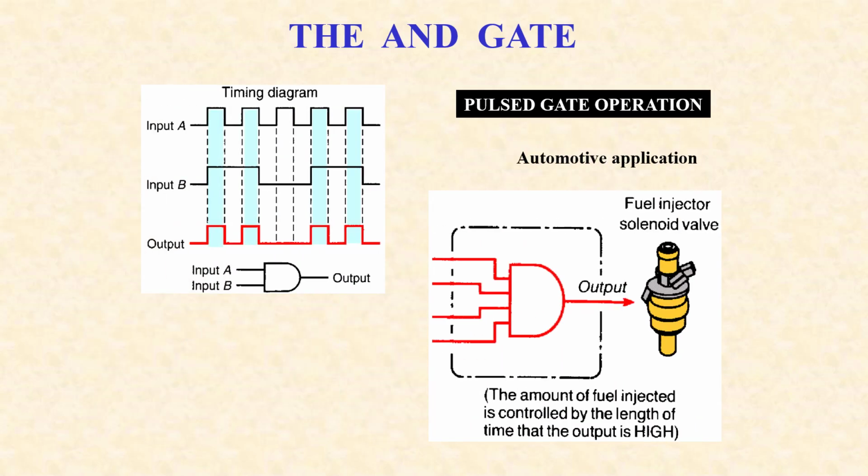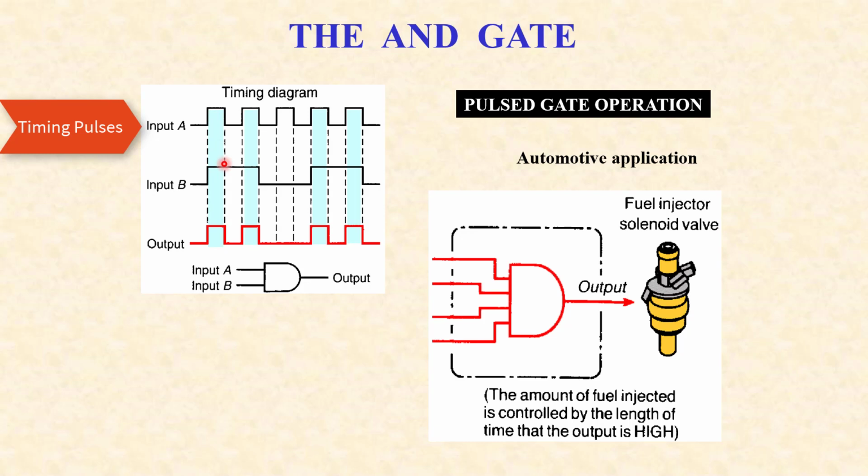All right, here we have an application of using an AND gate. And we're checking the states of the inputs at regular intervals. And those are these, pretty much every time there's an A. So let's just say that input A is our timing pulses, and we're going to check the state of input B every time I have an A. When I check the first time this first pulse comes, I see that input B is high.